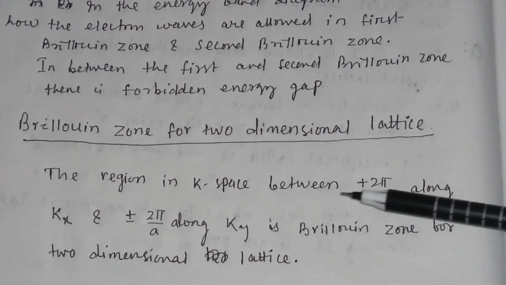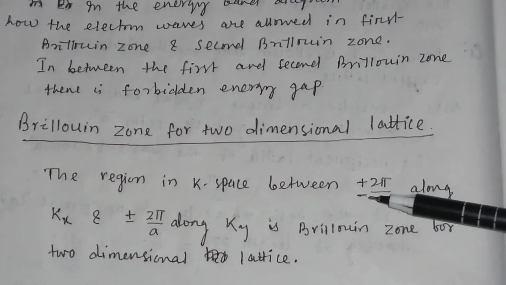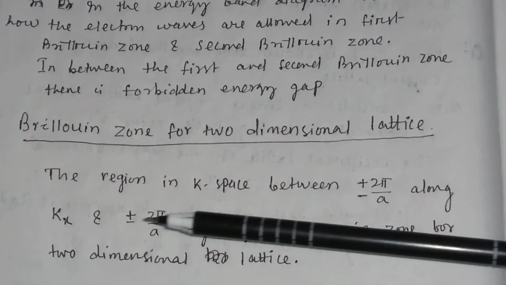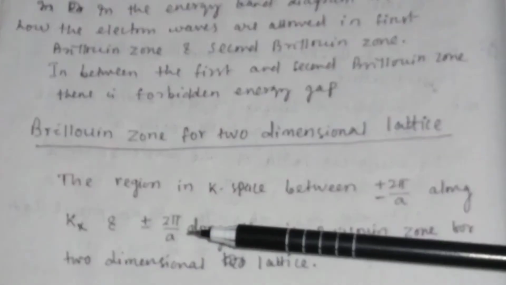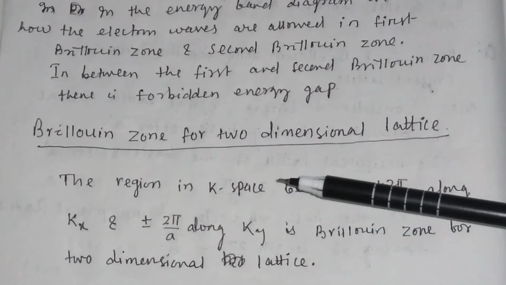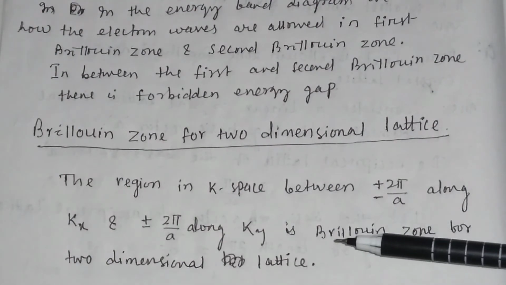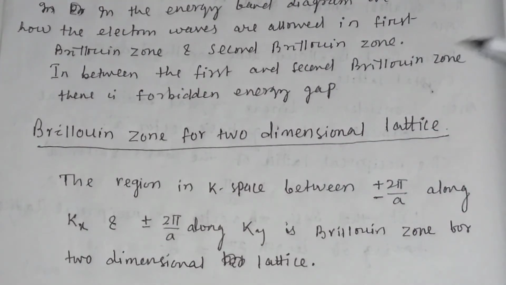So we have to take the area between plus 2π/A and minus 2π/A along x, and also the area between plus 2π/A and minus 2π/A along y. Then you have to construct the area in K space to find the Brillouin zone for a two-dimensional lattice.